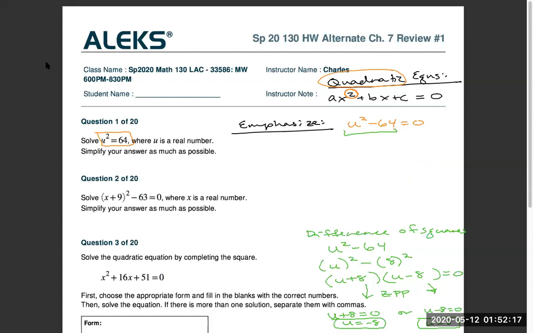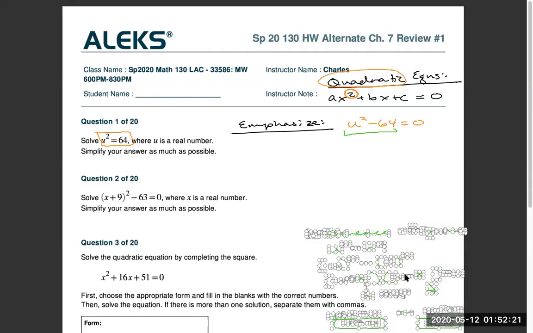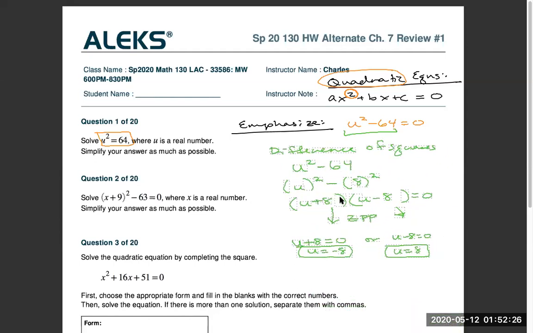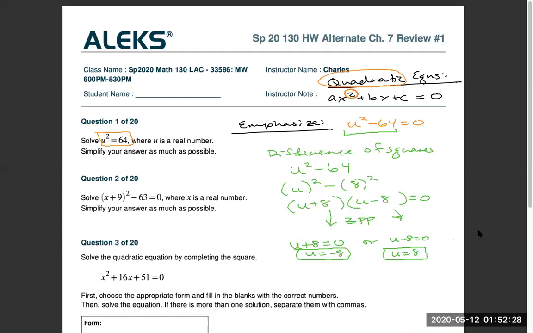So I'll emphasize the difference of squares method here. And that's going to move, isn't it? Oh, there we go. All right, so if you need to take a picture of this part, go ahead and take a picture as well.